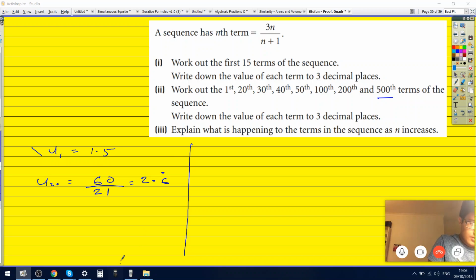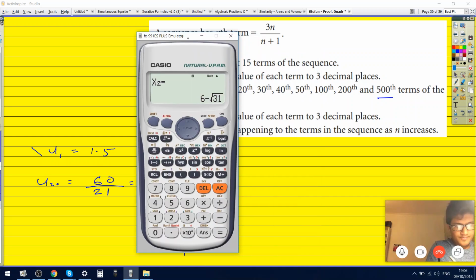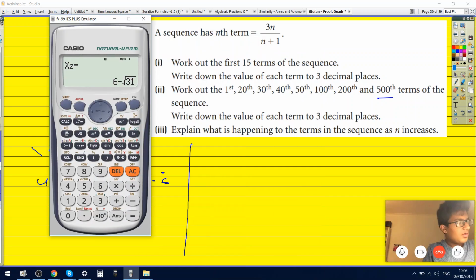This one is 1,500 over 501. Oh, sorry, I thought you were using your calculator for this. So 3 times 500 over 501. Yeah. And as a decimal, it's 2.99.